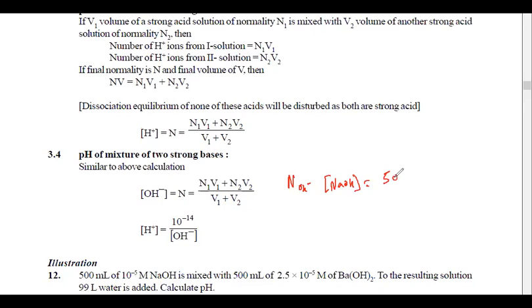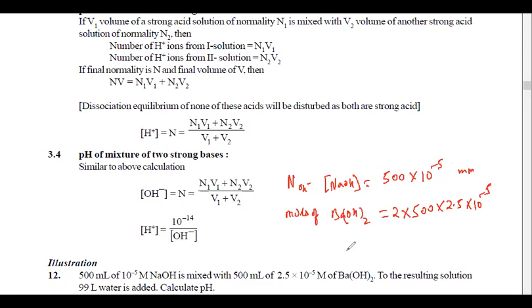M1V1, which is 500 into 10 to the power minus 5 millimoles. Then moles of OH minus from Ba(OH) whole twice. Now we know that 1 mole of Ba(OH)2 gives 2 moles of OH minus. So we will get 2 into 500 into 2.5 into 10 to the power minus 5.